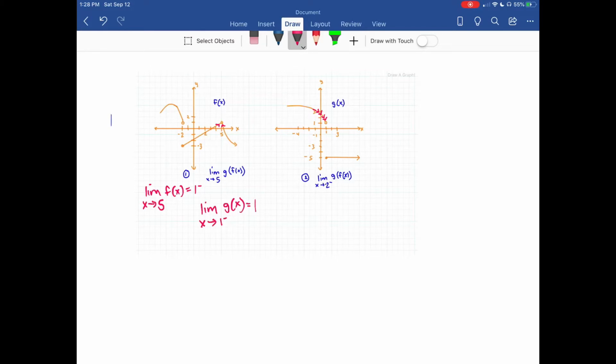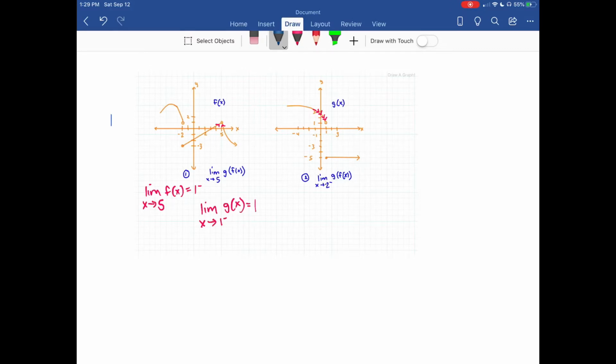And again, mindful of the fact that we don't care what's going on to the right of 1, because our graph for f approaches 1 from the bottom direction. So it's always less than 1.